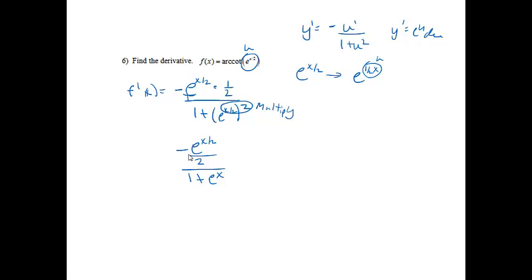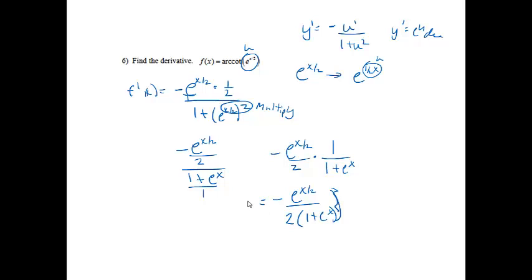All right, now I have a complex fraction, so I'm going to make the denominator a fraction, and now I can multiply by the reciprocal, so I'm going to have negative e to the x over 2 times 1 over 1 plus e to the x. And then multiplying across, I'll get negative e to the x over 2, and on the bottom, I'll just get 2 times the quantity, 1 plus e to the x, and that will be my derivative.